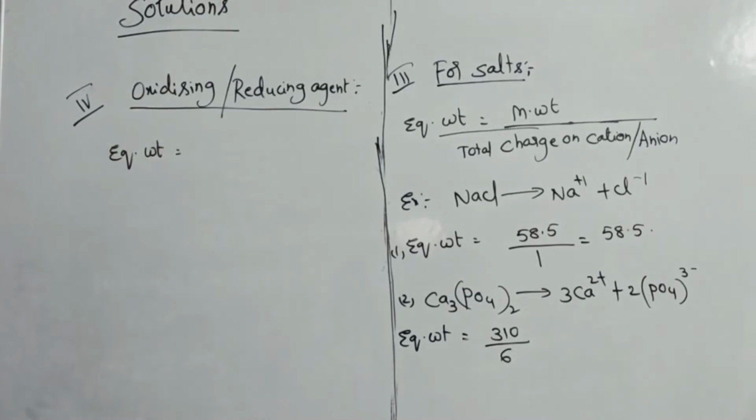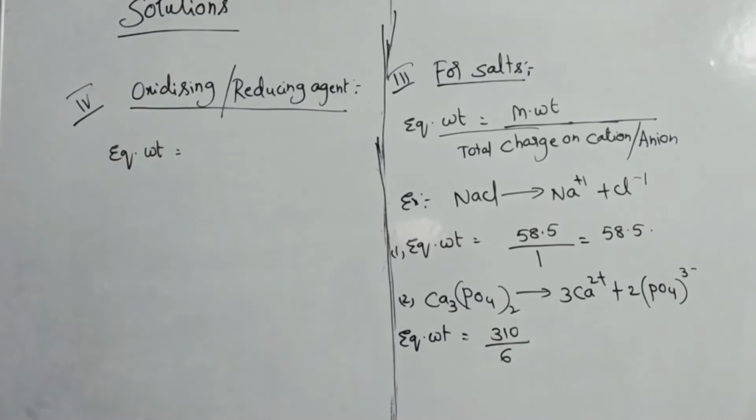So substitute what is given to you. Small w is equal to 0.1 into GMW, which is given as 278, into volume in ml, given as 100 ml, by 1000.